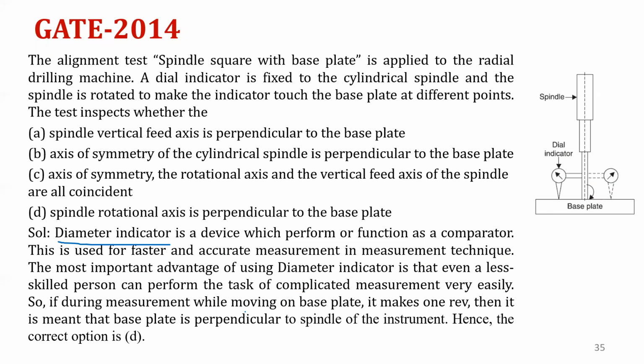If, while moving on the base plate, it makes one revolution with no error, then the base plate is perpendicular to the spindle of the instrument. This is perpendicularity checking. That means the spindle rotational axis is perpendicular to the base plate.